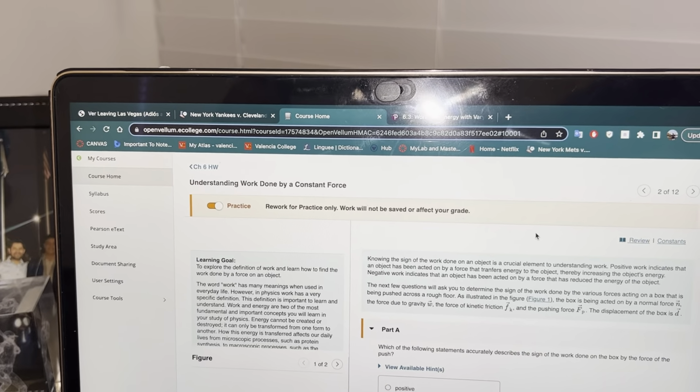So everything's gonna be multiplied by -1. Then we may say that the work made by friction is gonna be negative the force of friction times the distance. So this is negative.